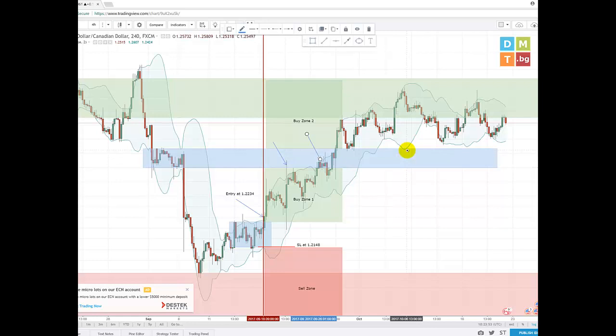Many of you might think here, maybe we should stop our trade there. To be honest, I might think the same, but the price is showing us that it is not ready to stop the up movement by forming higher highs, as you can see here and here, and also by forming higher lows.